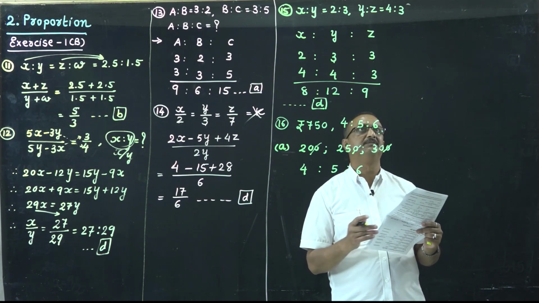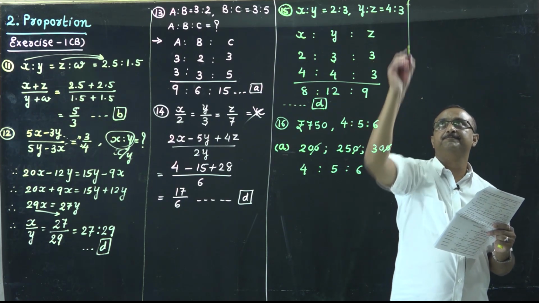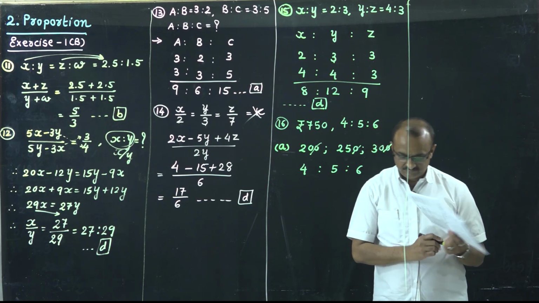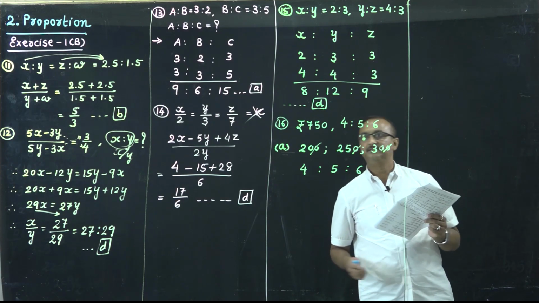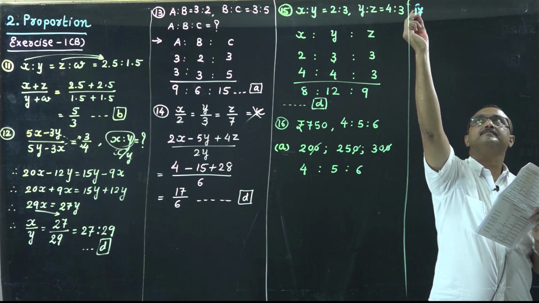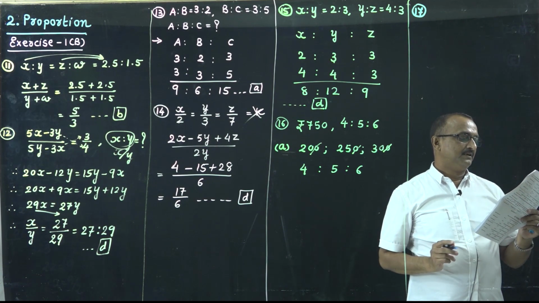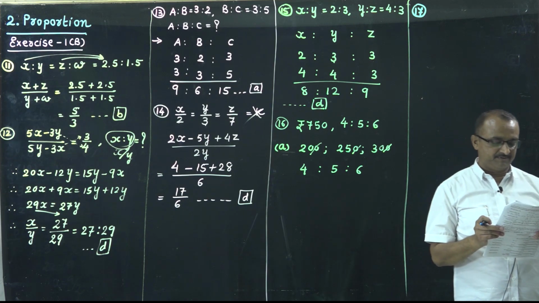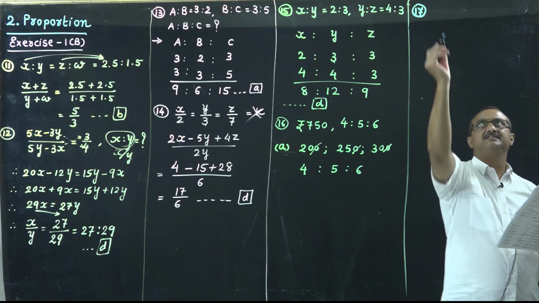Let's solve number 17 also from the options. 17 number. The sum of ages of 3 persons is 150 years.